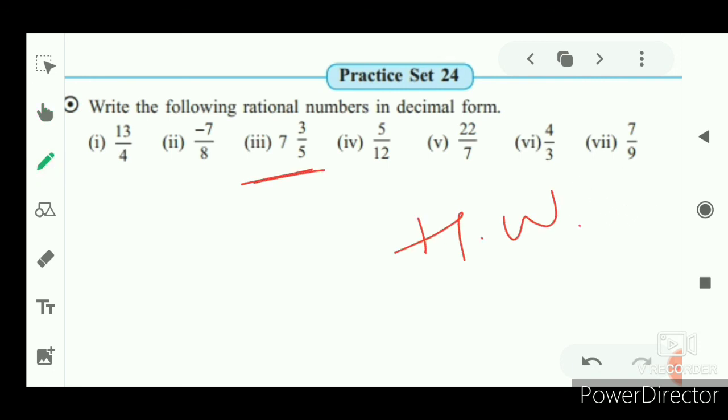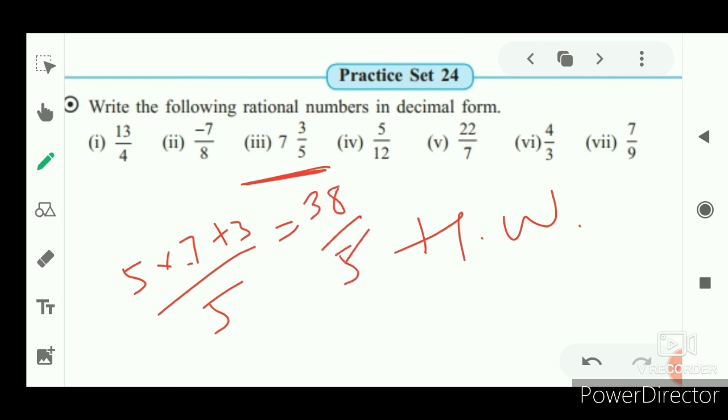In this question you first have to convert this number into 5 into 7 plus 3 by 5, that is 5 into 7 is 35 plus 3 is 38 by 5. First of all we will solve this number like this: 5 into 7 plus 3 by 5, that is 38 by 5, and after that we have to find its decimal form by dividing 38 by 5. The remaining questions are homework for you.